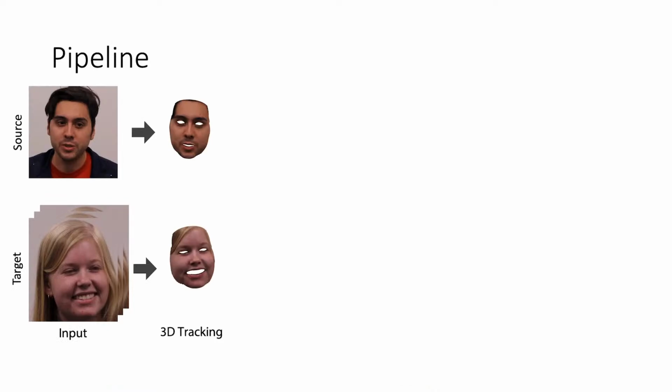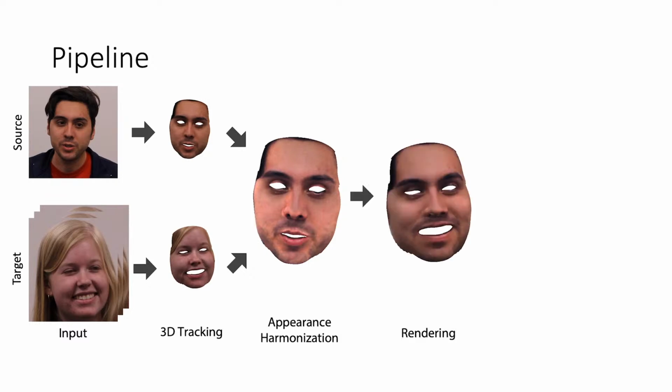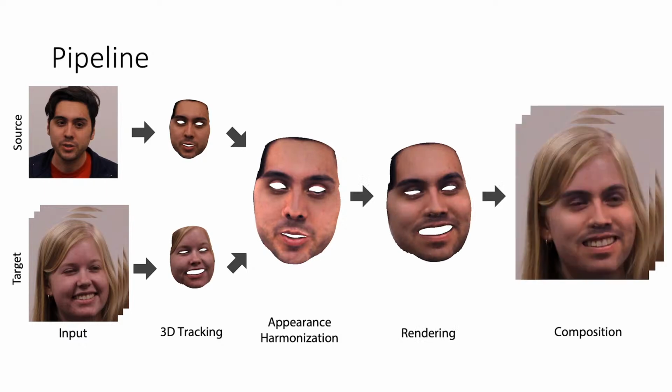We first capture the face parameters from both the image and the video frames. Then we predict the geometry of the source face in the target facial expression, harmonize the appearance, render the source face, and blend the result into the target video.